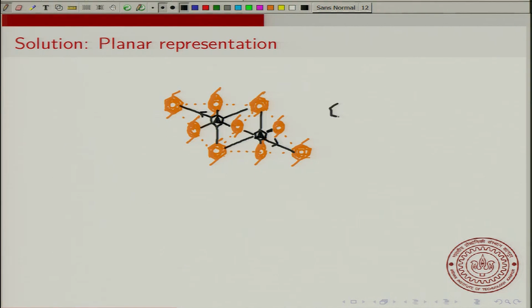So this is a symbol for a 6-bar. And then we'll show all the other. So these solid lines are the two-fold reflections. These are the screws. And we have shown a 6-bar.